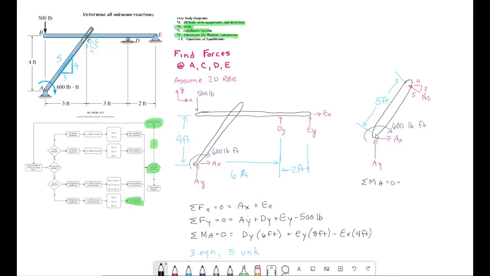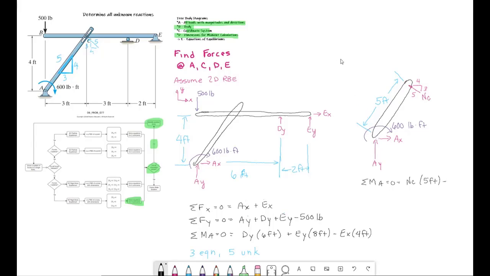So if I'm summing moments about A, I have a positive moment due to the normal force at C multiplied by 5 feet. And then AX, AY do not cause any rotation around A, so it's just the applied moment. That's clockwise, or negative.